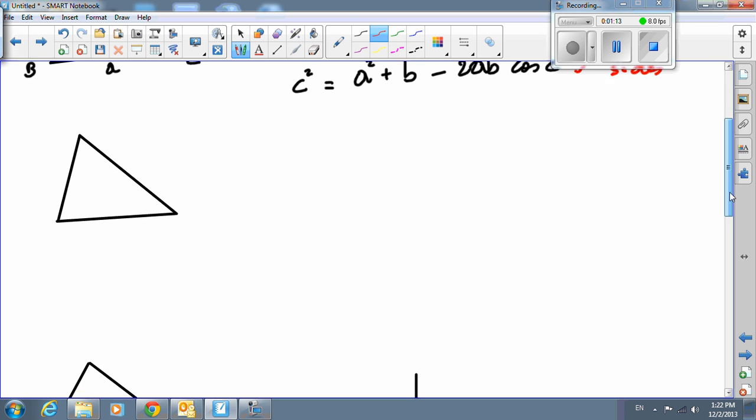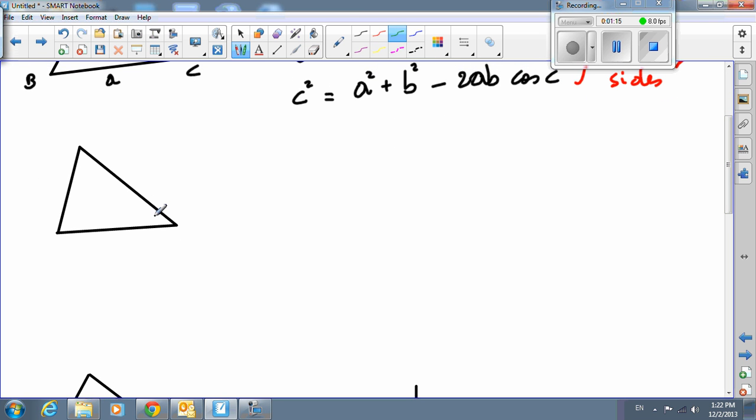Let's say I give you a triangle, and I call this example one. Let's say this side is 388, this one is 212, and the measure of this angle is 82.4 degrees.